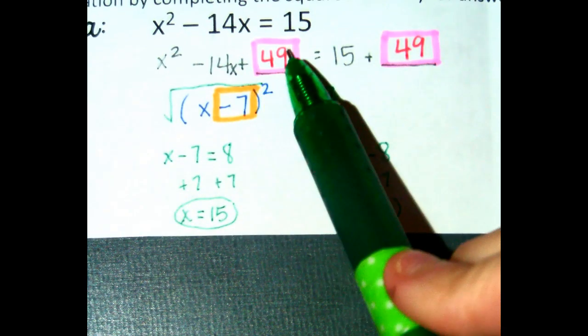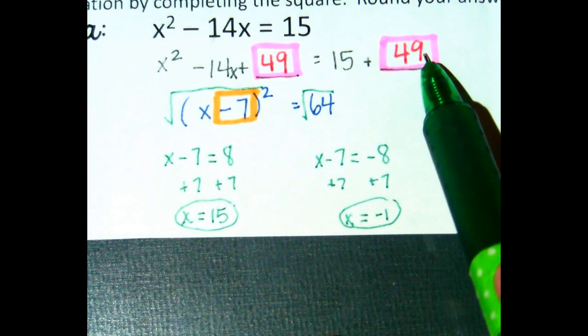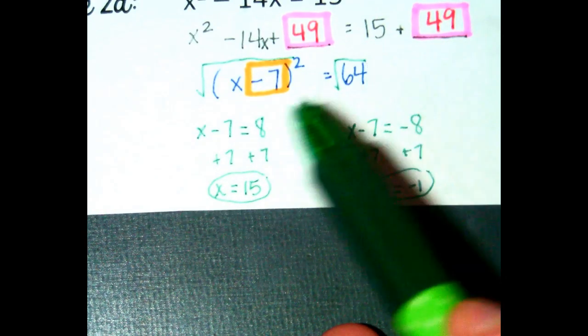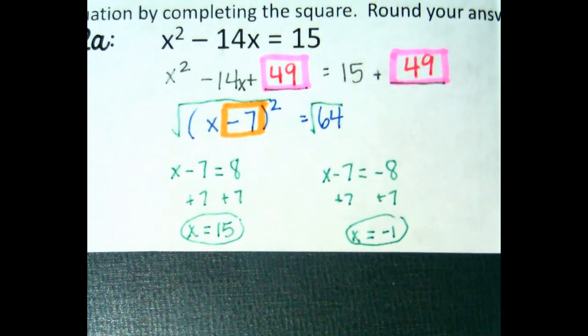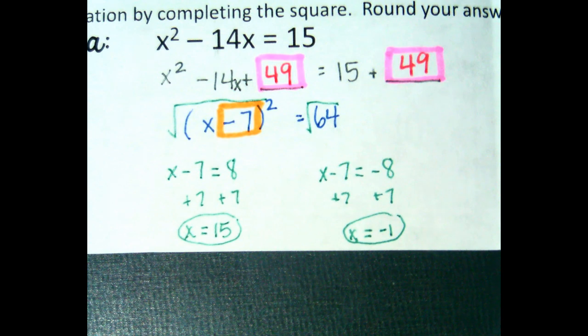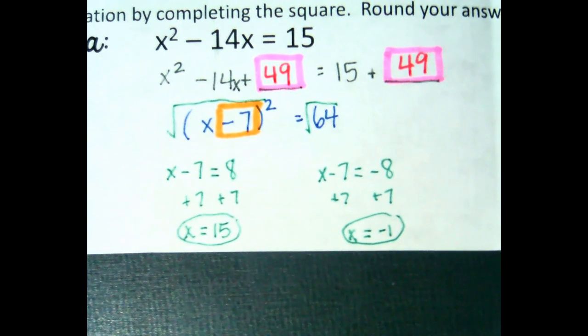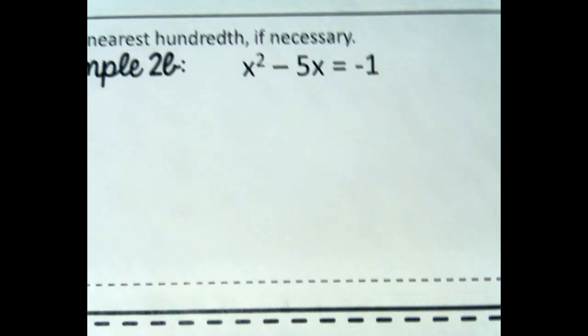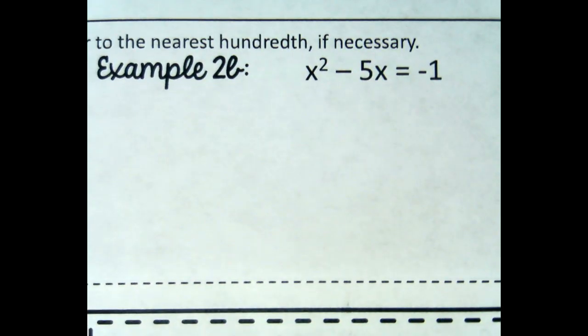So, rewrite it with a blank, go over, complete the square, then solve by taking square roots. I want you guys to try example 2b. Alright, number 2b. What is the first thing you do?